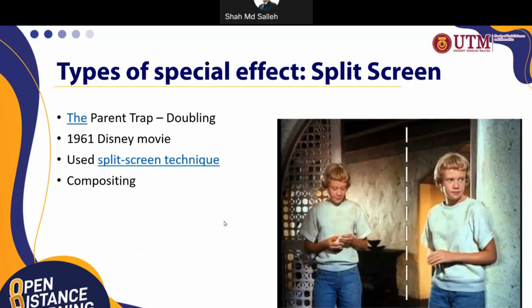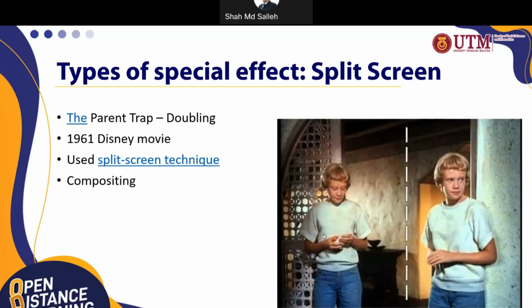Okay, split screen. They are using only one actor, but different. They are shooting two times, meaning that they first shoot this person, then the second actor.